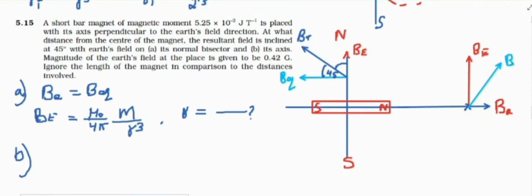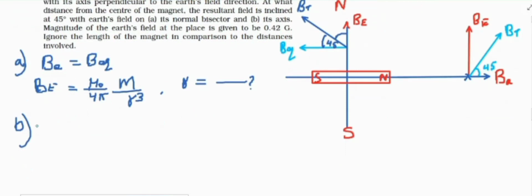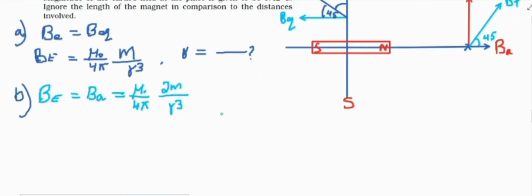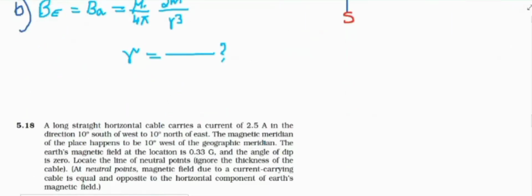Again, this is B total, and you get 45 degrees when both vectors are equal. So BE is equal to B axial, which is mu naught by 4 pi, 2M by r cubed. Cross multiply the equation and you can find the value of r, the distance at which it happens.